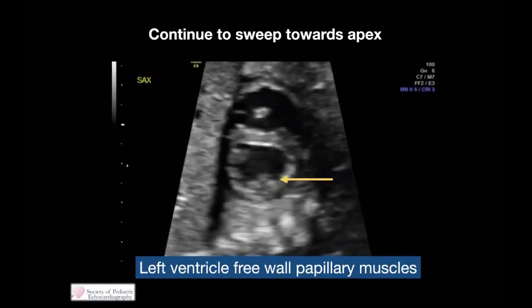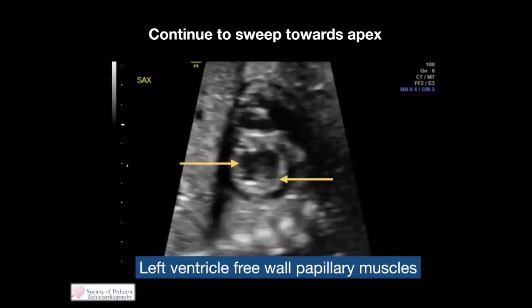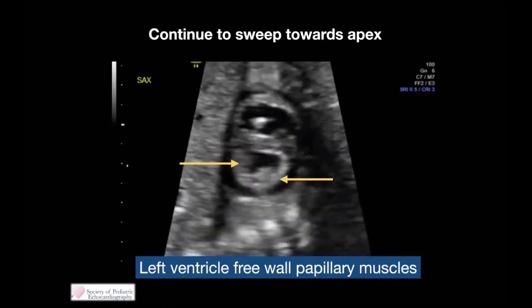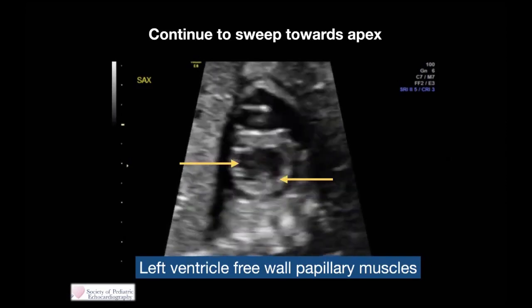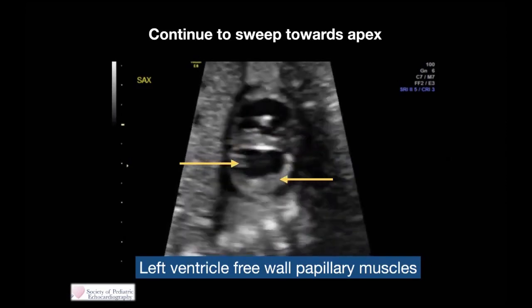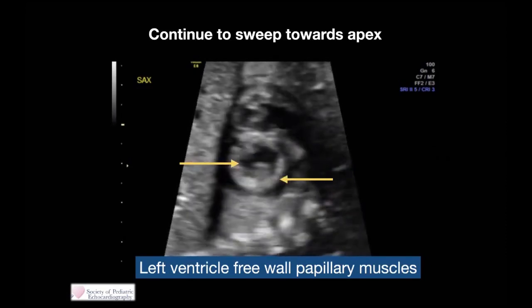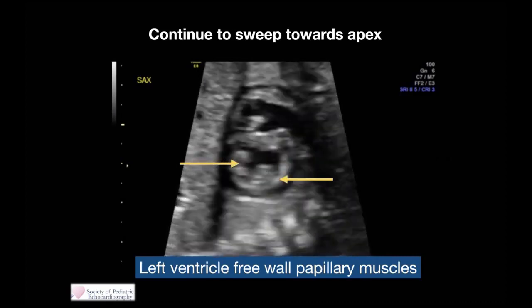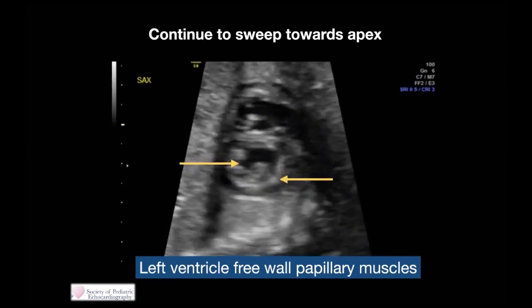As you continue to sweep towards the apex, you're able to see the left ventricle free wall papillary muscles. That's also one of the ways of identifying the ventricles in cases where you have a patient with suspected heterotaxy, where the vessels or the chambers are switched. One of the things to take a look at is these ventricle characteristics, such as this as well. So the left ventricle has free wall papillary muscles.